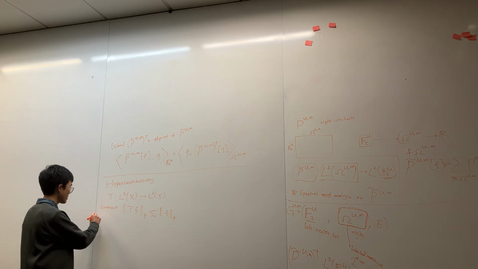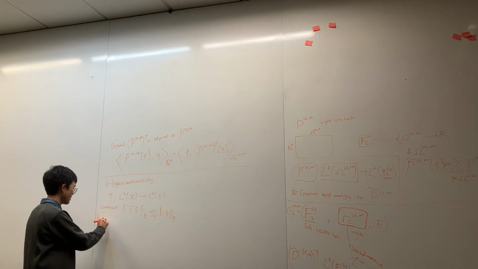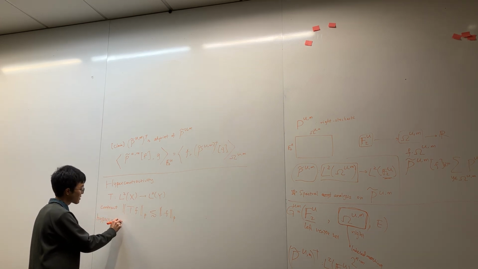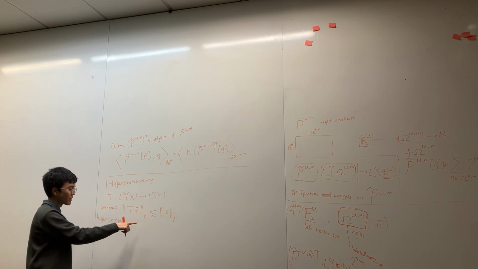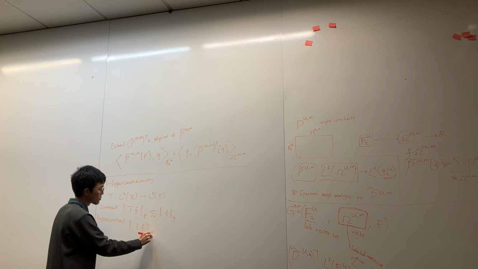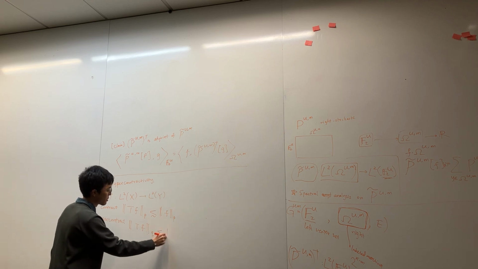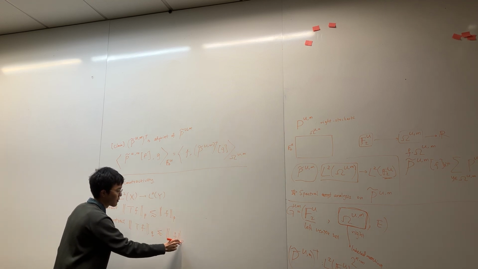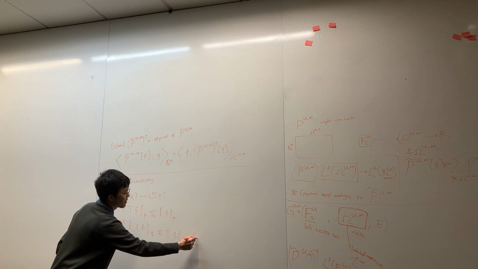But what is hypercontractivity? Hypercontractivity says that it not only contracts a given norm, but also improves the norm. It says that the Q norm of T of f is controlled by the P norm of f, where Q is larger than P.